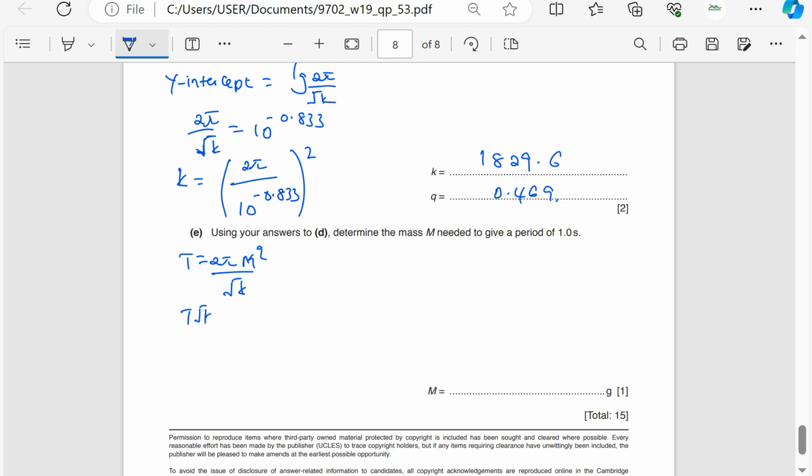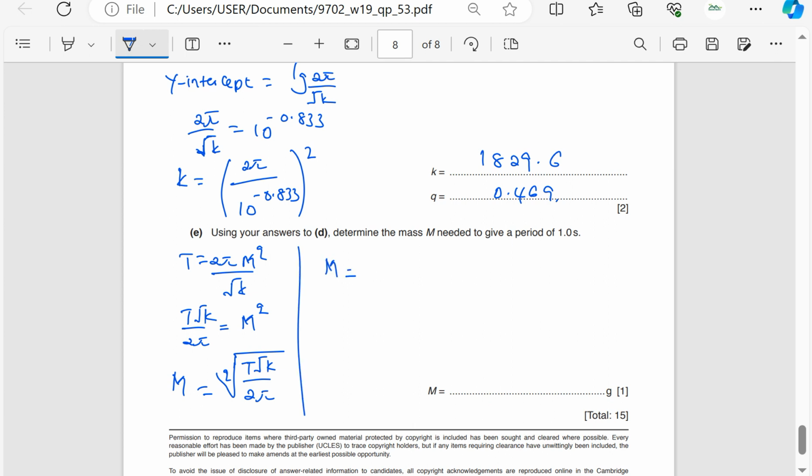T root of K divided by 2 pi is equal to M power Q. So it means M is going to be the Qth root of T root of K divided by 2 pi. So I'm now going to substitute.